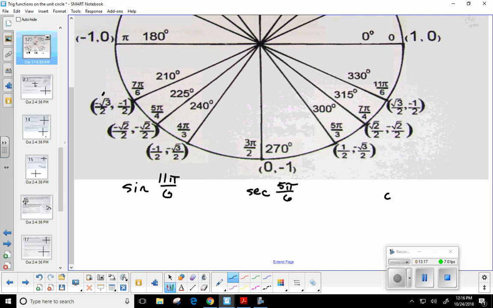And let's say to finish up, I want the cotangent of, let's say, 2 pi over 3. Okay, so let's try these. Part of this is going to be on your exam coming up Friday.